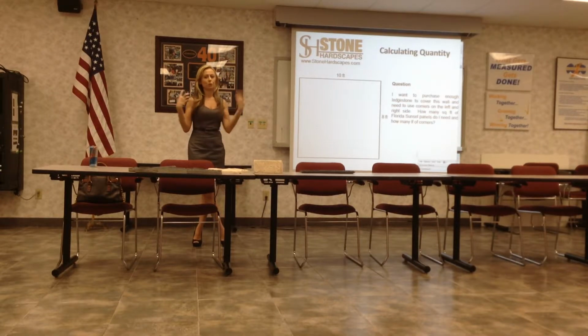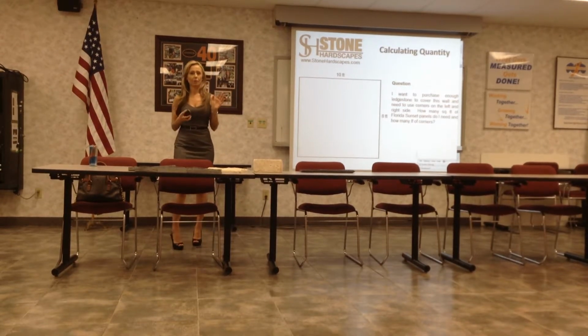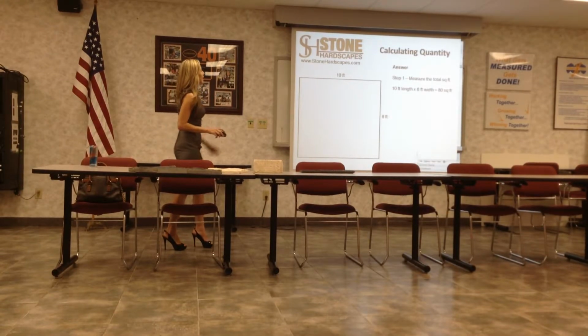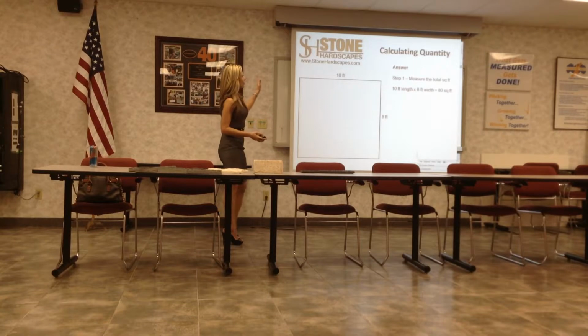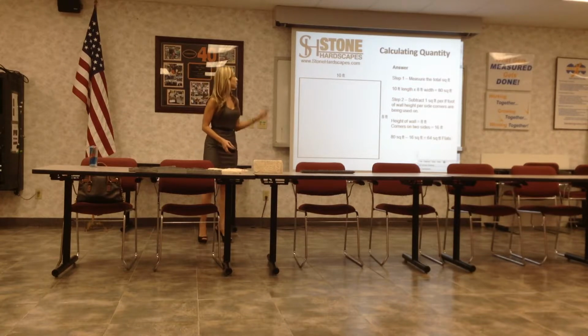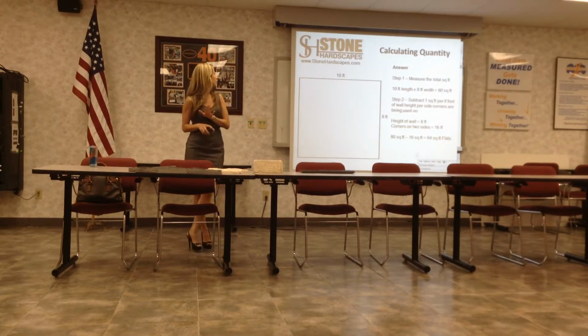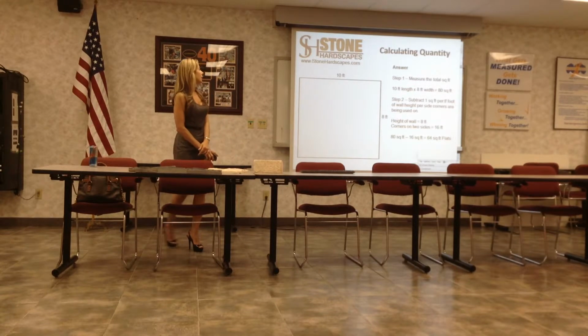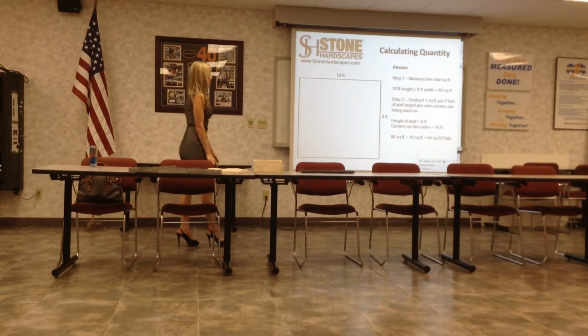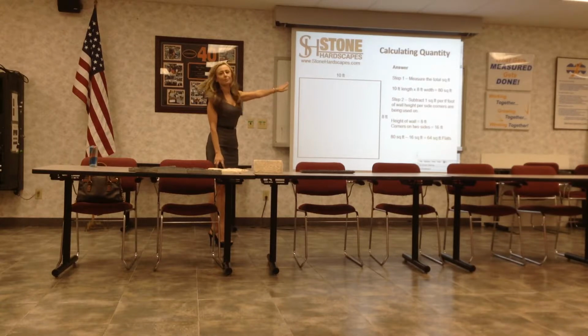Okay, so let's walk through how we do this mathematical equation, okay? Basically, you start off by calculating the total area of the surface, which RJ's already told us is 80 square feet. Once we get that, we have to subtract 1 square foot per linear foot of wall height per side, okay? So the wall is how high, Darren? 8 feet.